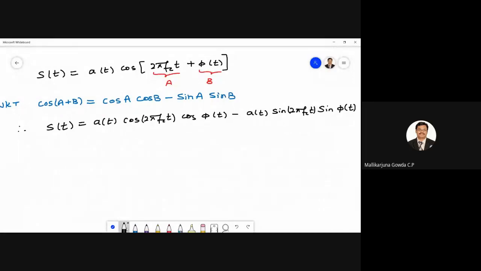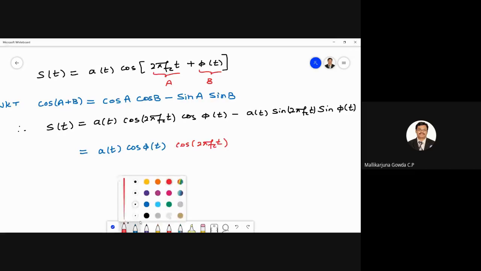So I can rewrite the above expression as A(t) cos φ(t) into cos(2πf_c t), then minus A(t) sin φ(t) into sin(2πf_c t).